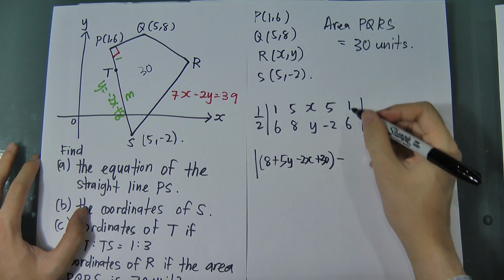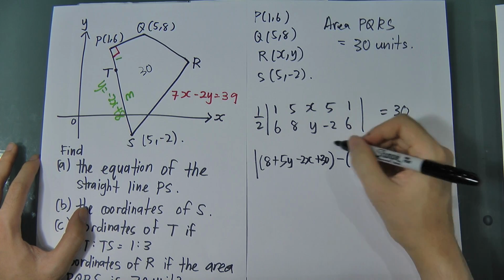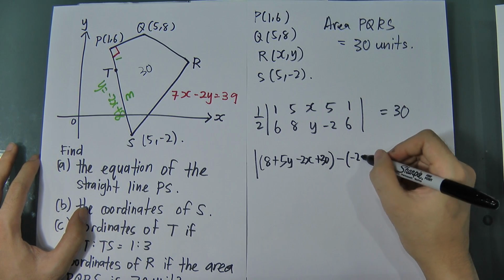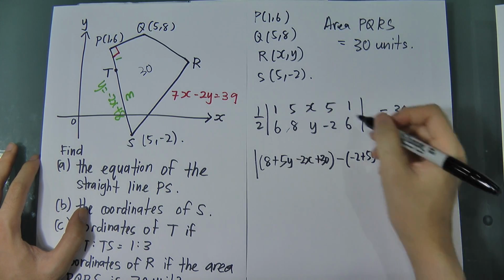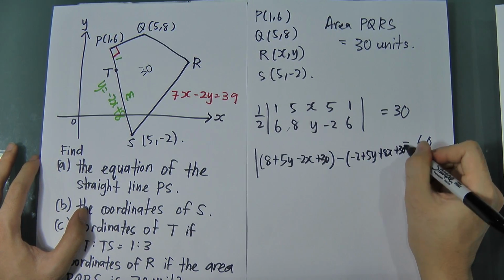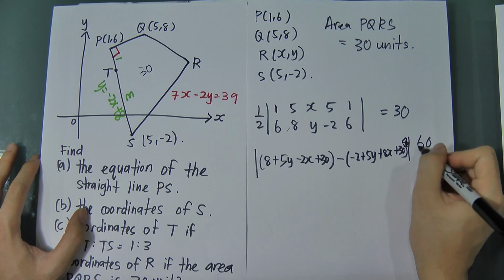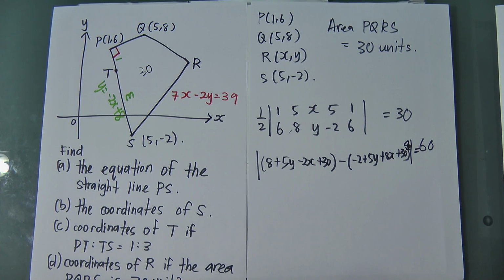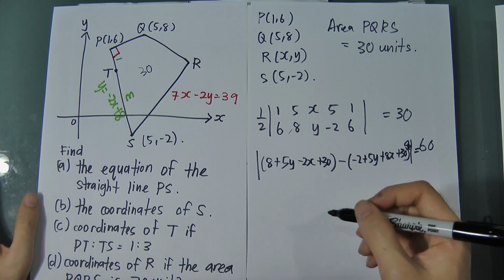Then going to minus like this, so it becomes negative 2. This one is plus 5y, this one plus 8x, last one plus 30, equals 60.